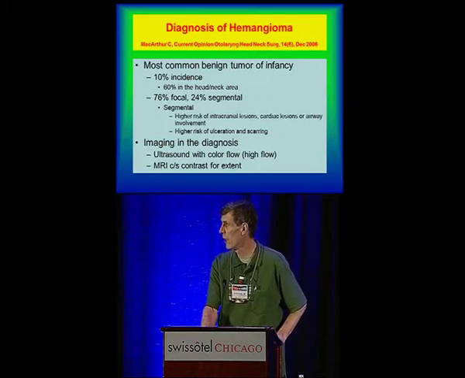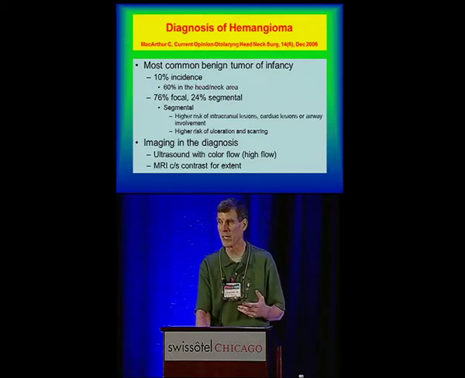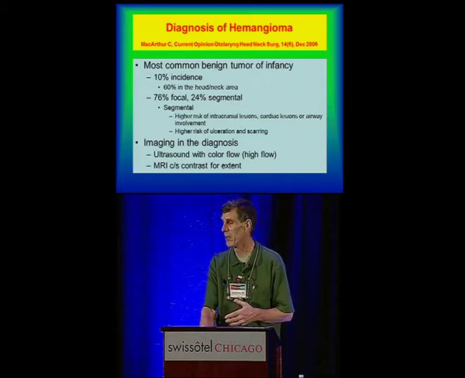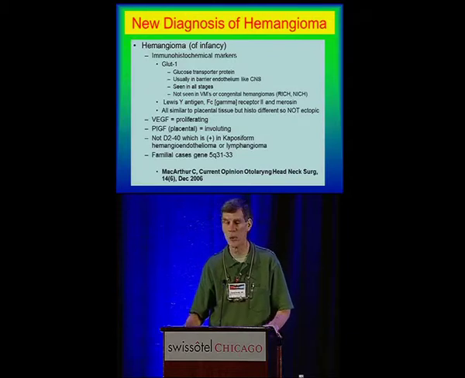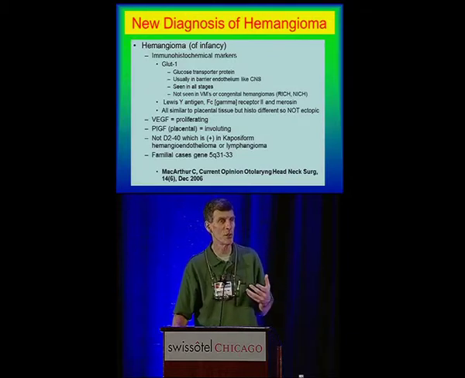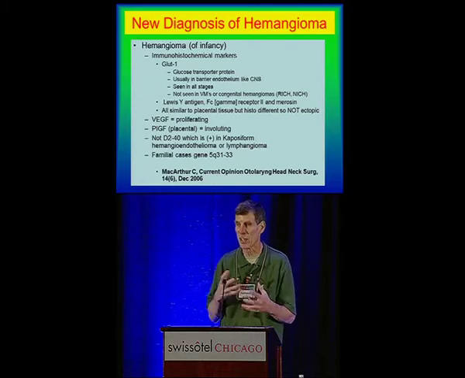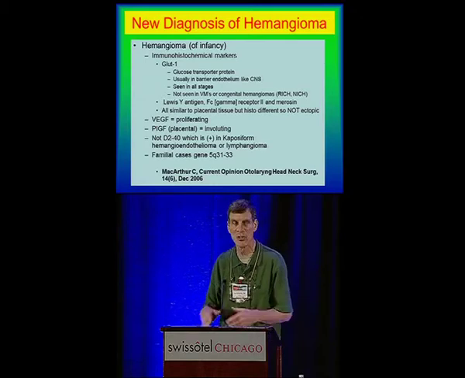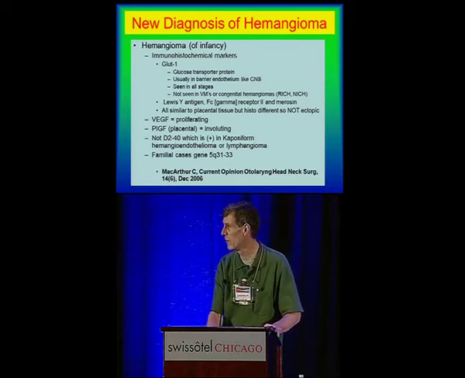Hemangiomas also, I think, are going to be changing in their diagnosis because now, although we can diagnose them by when they appear, how they grow, and their imaging characteristics, they too are undergoing a huge revolution in terms of understanding the genetics of the malformation that occurs in hemangiomas and why they're so reactive and responsive and grow so fast in infancy.